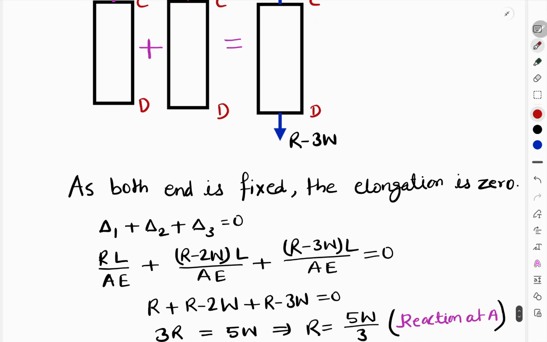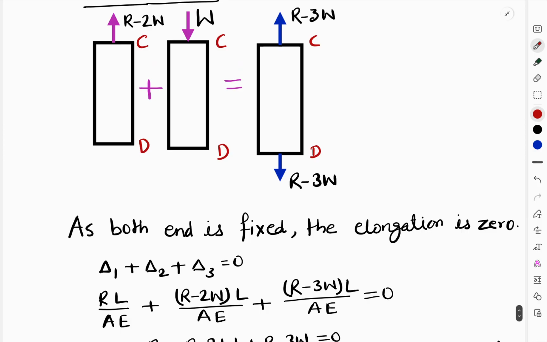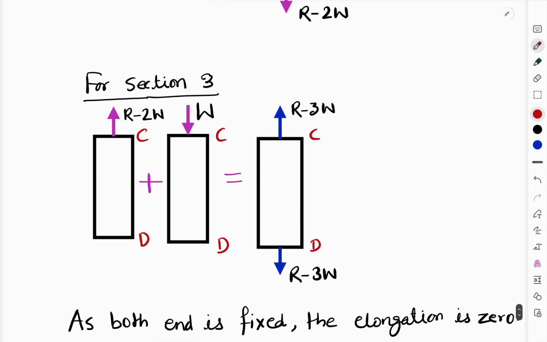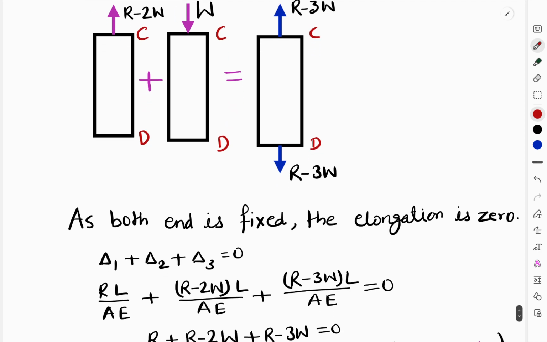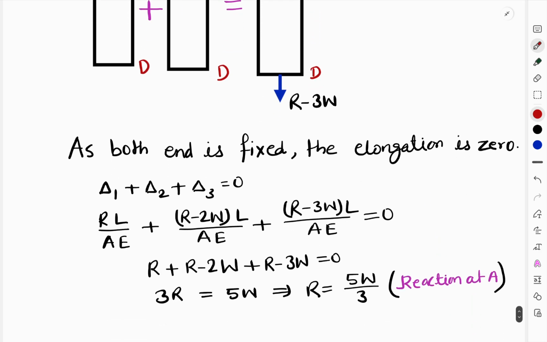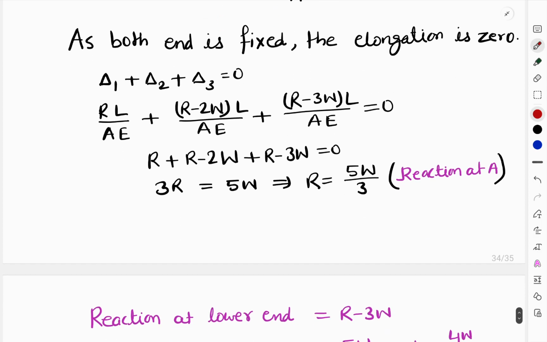Next, as both ends are fixed, the elongation is 0. Here forces are calculated for each section. Both ends are fixed, so elongation will be 0, meaning the bar is not going to expand or contract. So the sum of elongation for each section will be equal to 0, meaning overall elongation will be equal to 0.